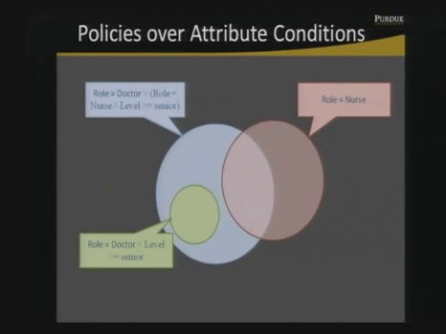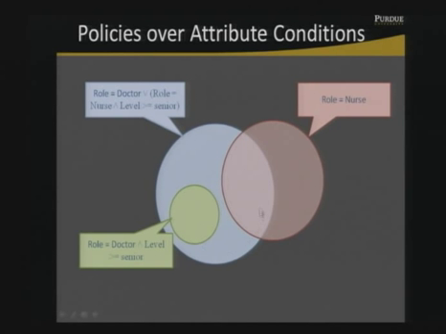And policies are defined based on attribute conditions. These attribute conditions are formed from the attributes. This example shows 3 policies, and depending on the attributes, users satisfy different policies.